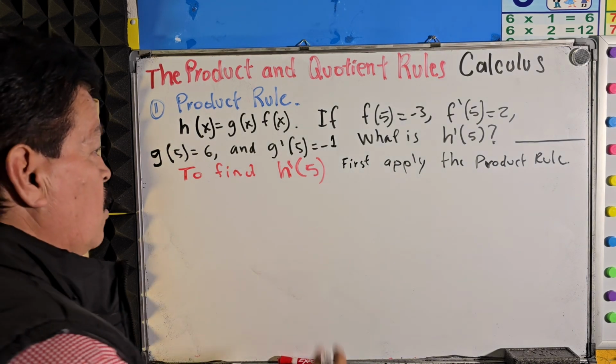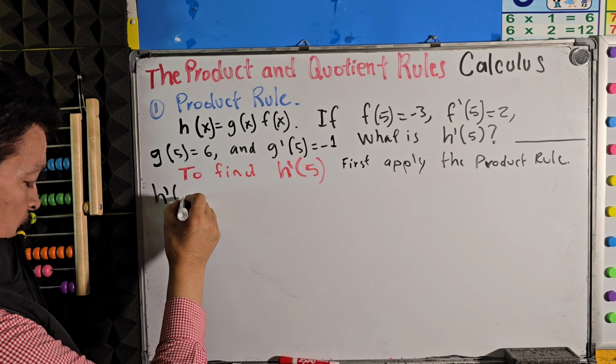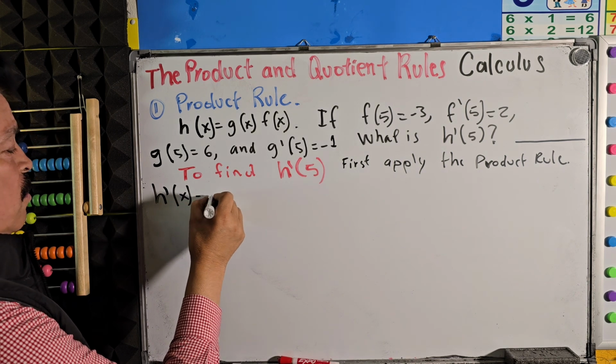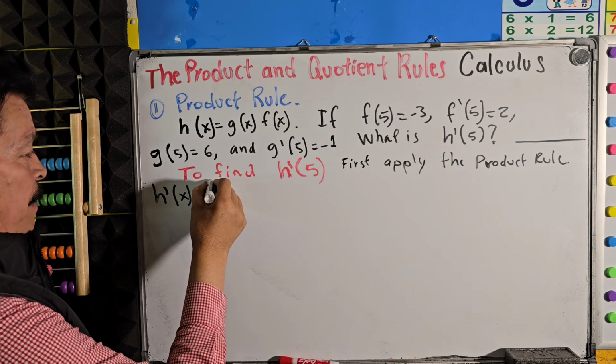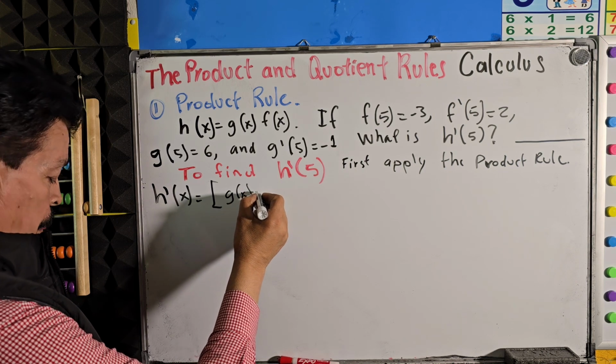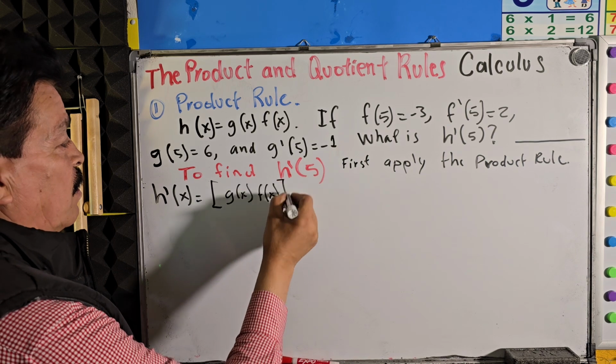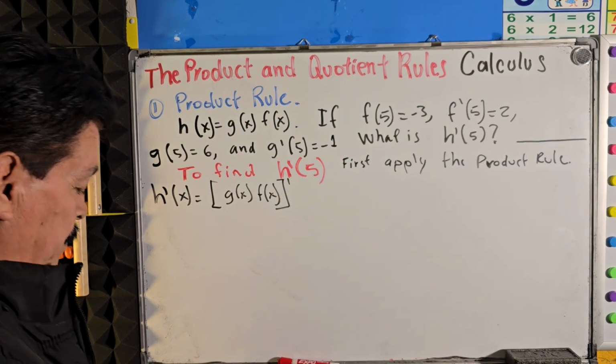What is the product rule? Let's write it. h prime of x equals, open bracket, g of x times f of x, close it, prime.